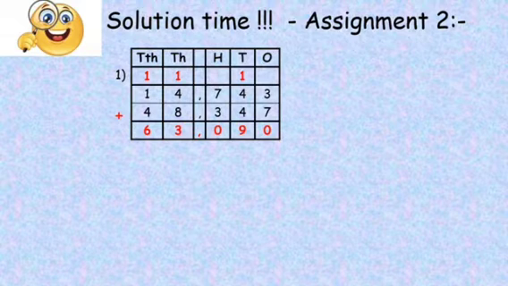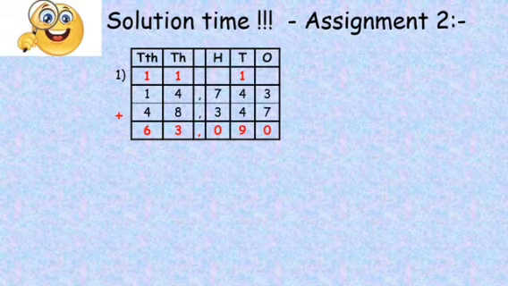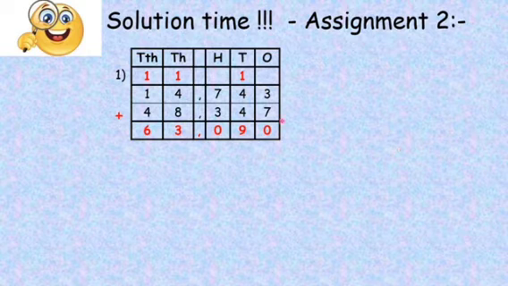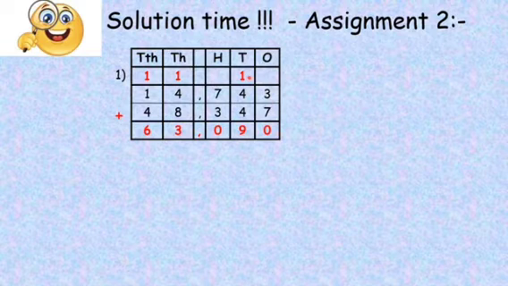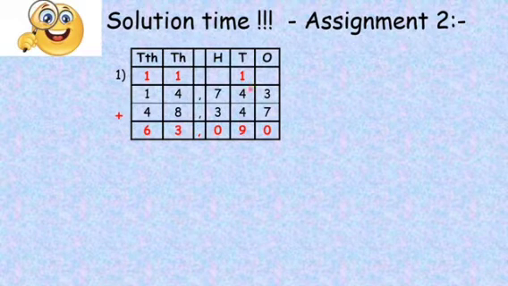14,743 plus 48,347. 7 plus 3 is 10. I have 0 at the bottom, 1 goes carried over to tens place, 4 plus 4 is 8, plus 1 is 9.